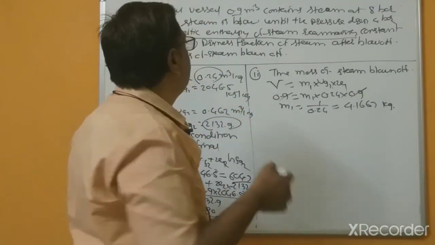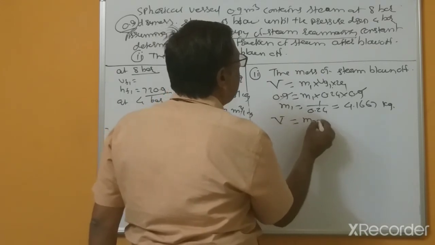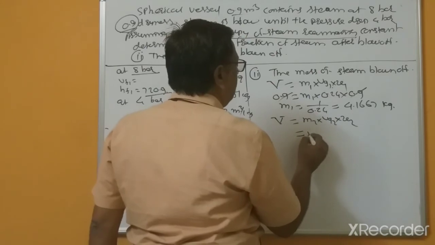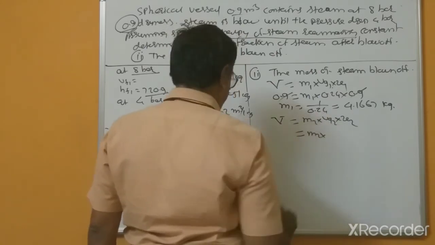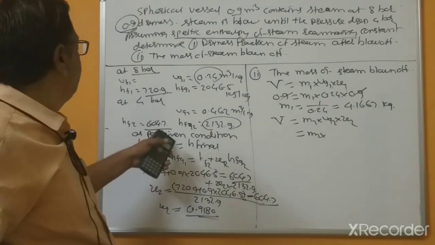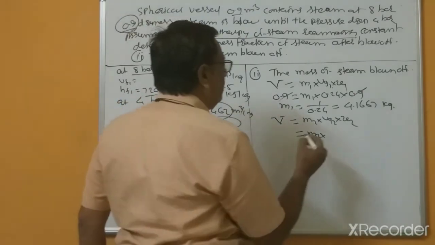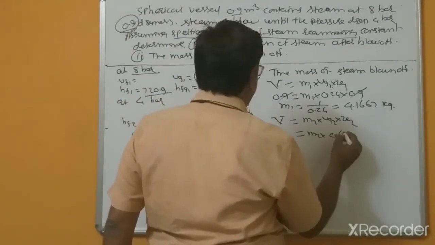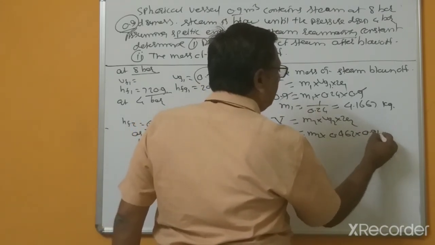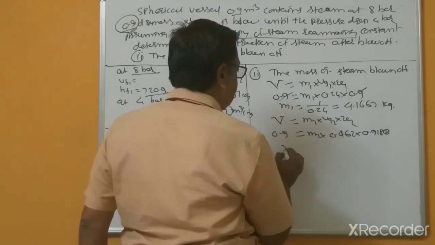Similarly, because this is constant volume, V equals M2 into vg2 into x2, the volume of the final vapor, with specific volume 0.462, x2 0.9180, and the volume is 0.9.